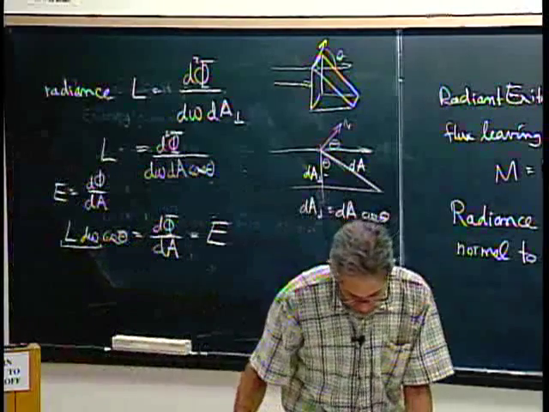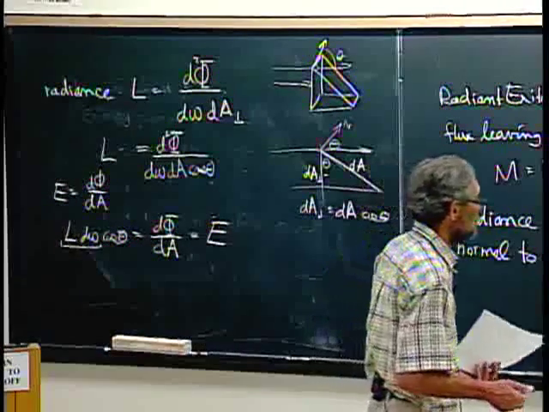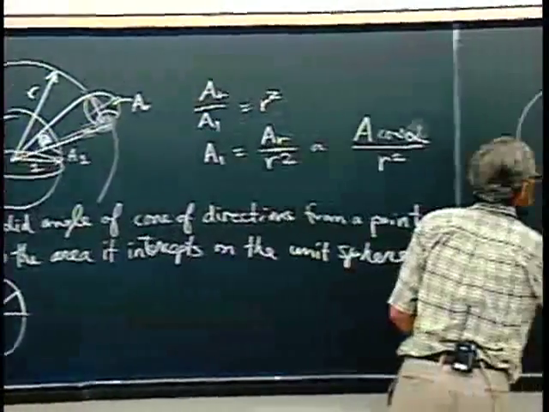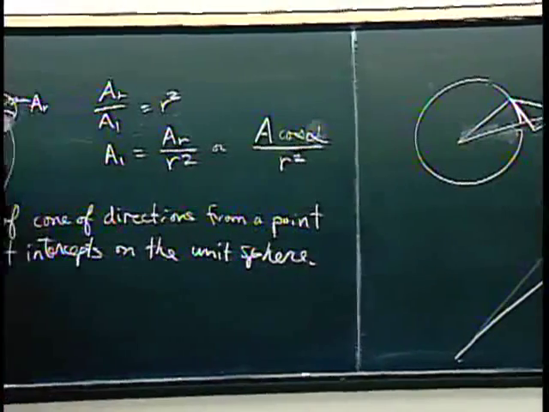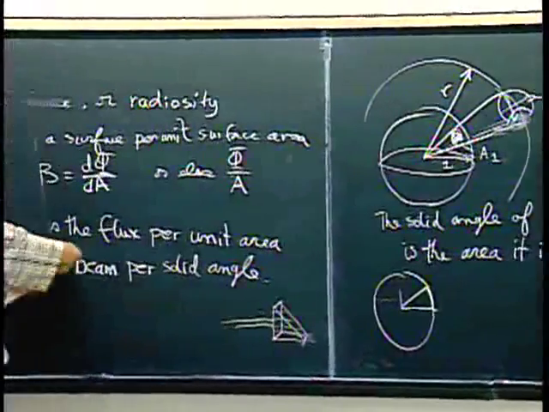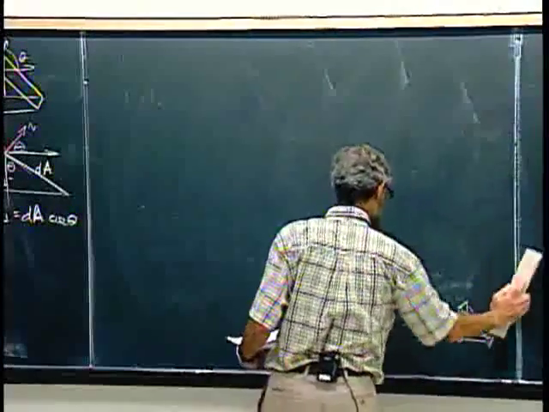Okay, so to actually do something like Lambert's law, we have to integrate over solid angles here. And so what I want to do is talk about solid angles in spherical coordinate system.